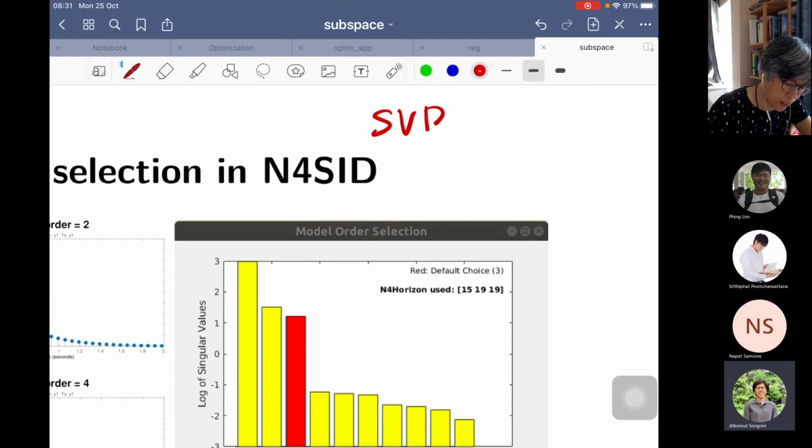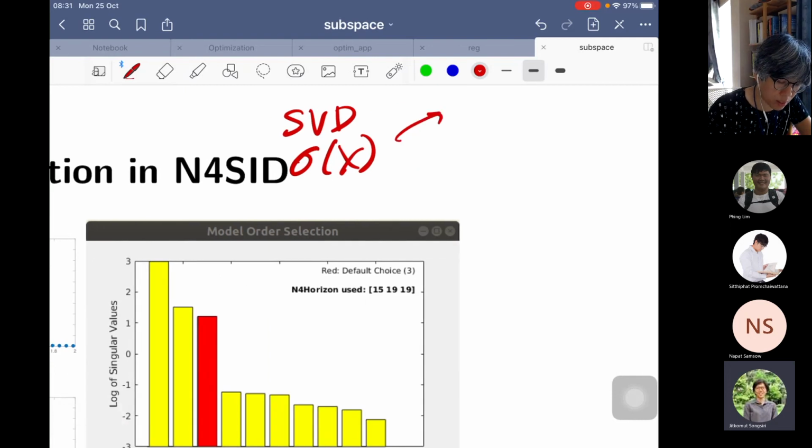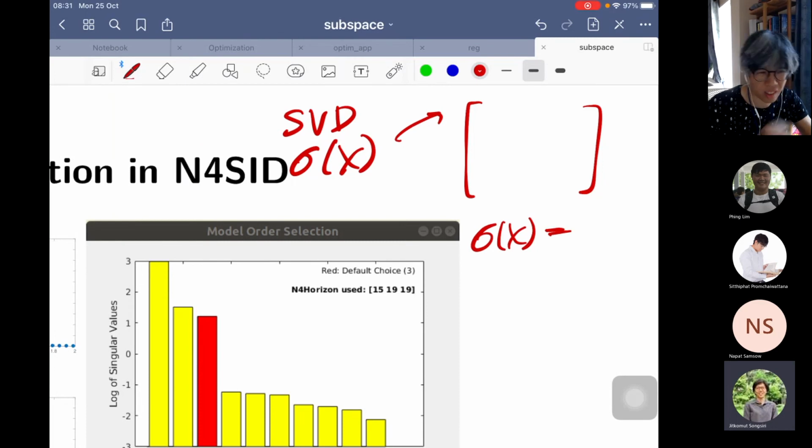let's recall the singular values of a matrix X. First of all, what is a singular value?